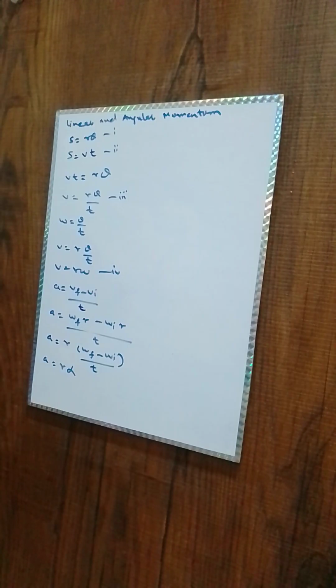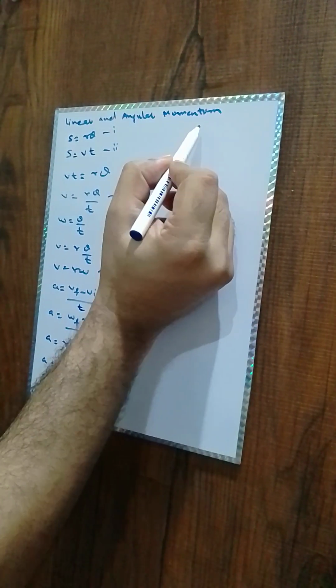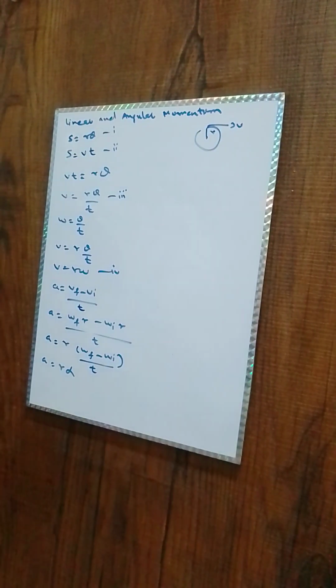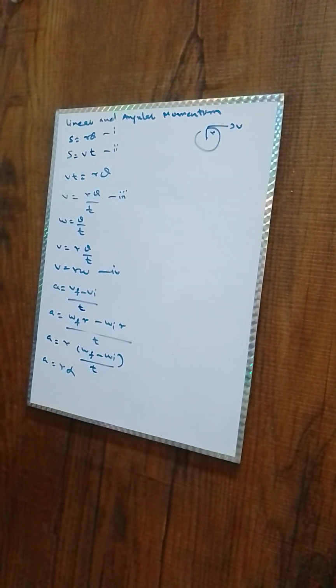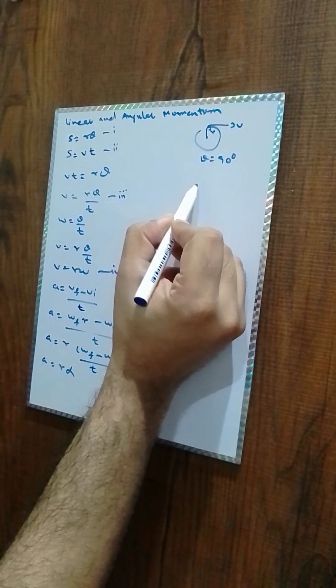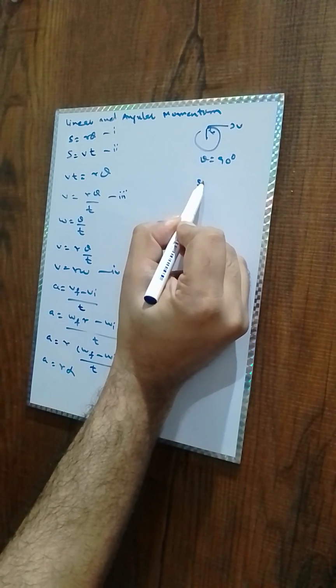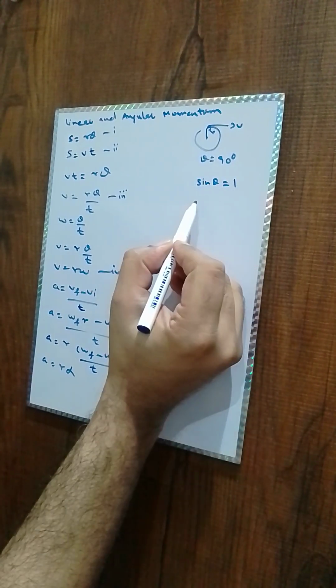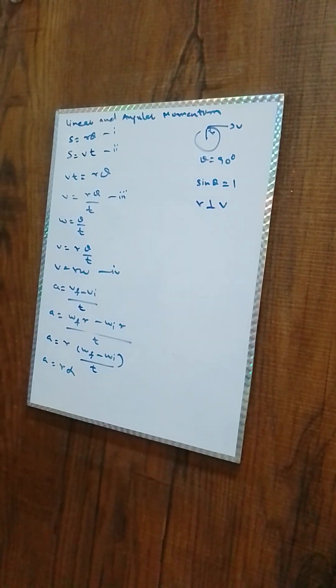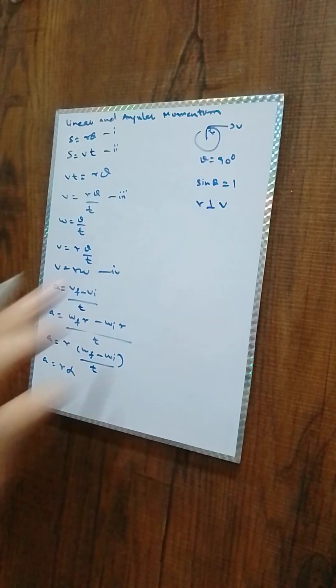And also, since in a circle linear velocity is tangential, radius is perpendicular to velocity, so this theta is 90 degrees, and sine of theta is 1 in this case, because radius is perpendicular to velocity.